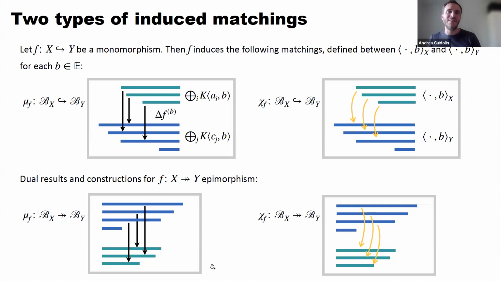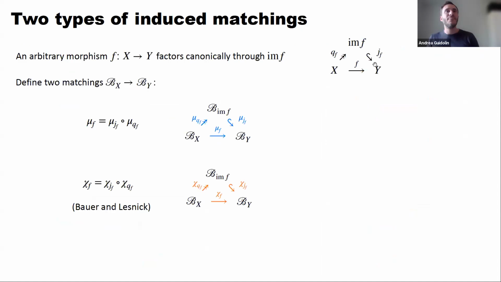I just prepared some pictures that I hope look dual enough to the ones for monomorphisms. All right, so we have defined these two types of matchings for monomorphisms and dually for epimorphisms. So we want to define them for arbitrary morphisms of persistence modules. The strategy to do this is the one used by Bauer and Lesnick.